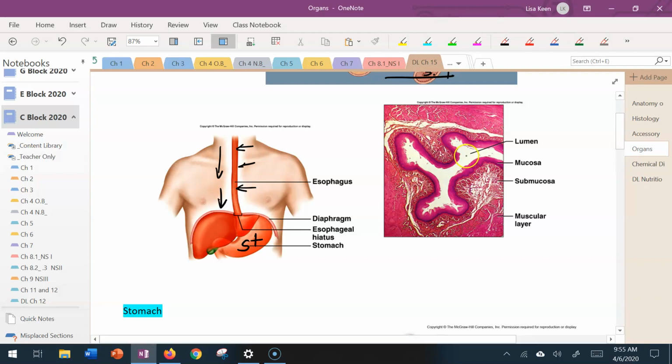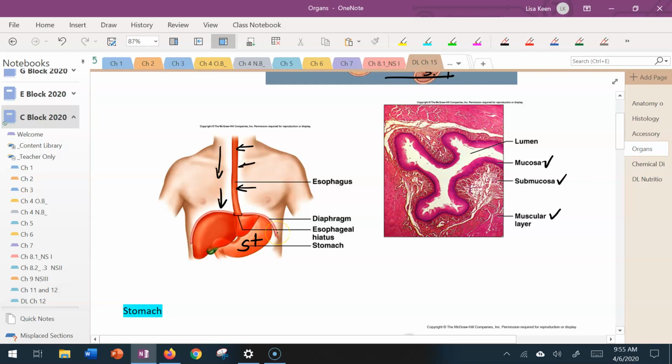The lumen would be where the bolus would be found. The mucosa then would be closest to the lumen. The submucosa is holding the mucosa layer onto the surface of the inside of your GI tract. And then there's that muscular layer underneath the submucosa, with involuntary peristaltic contractions, which help to move the bolus from the esophagus to the stomach.